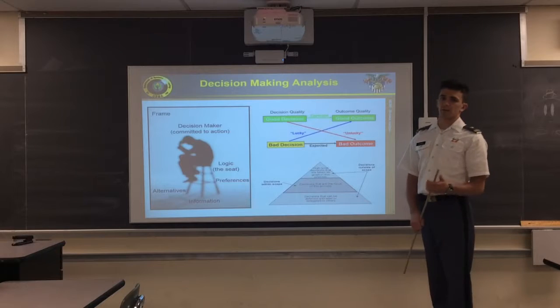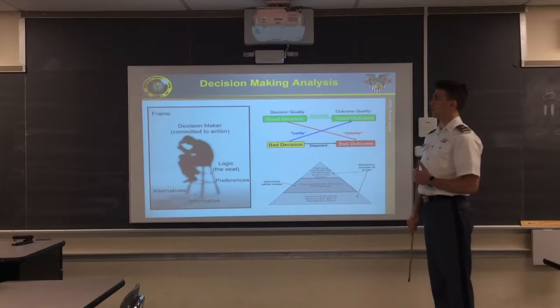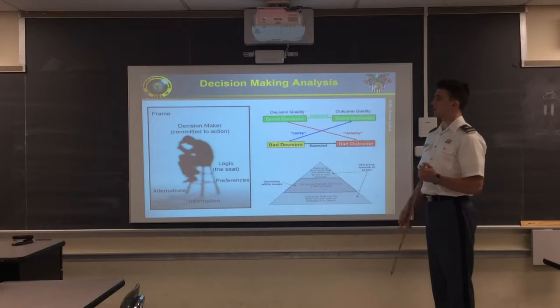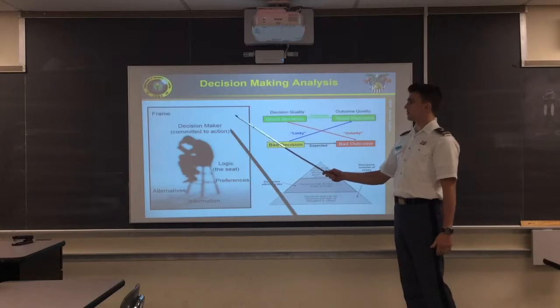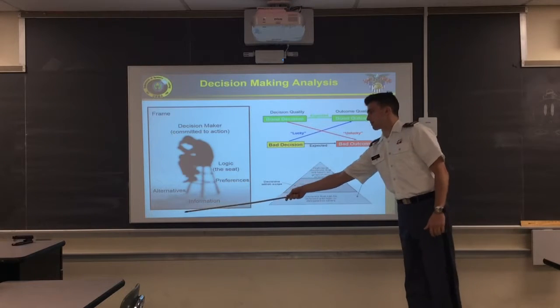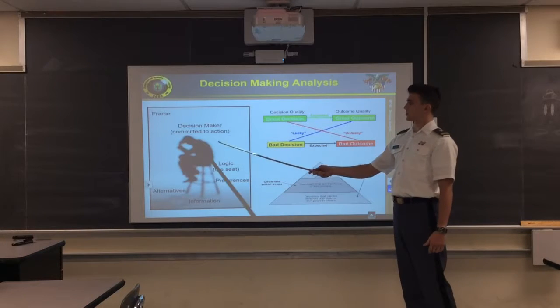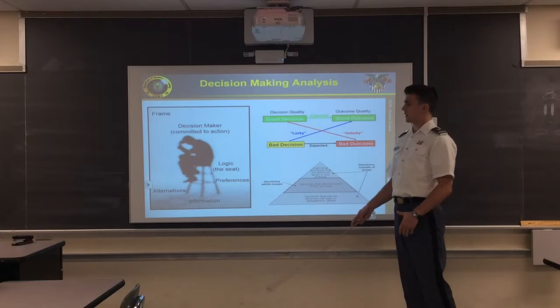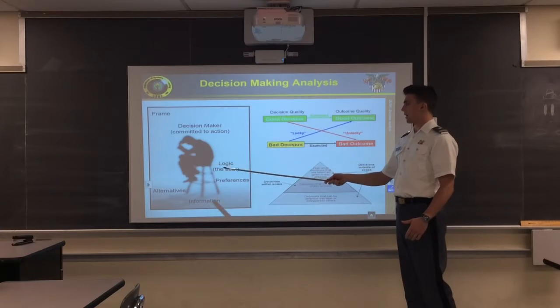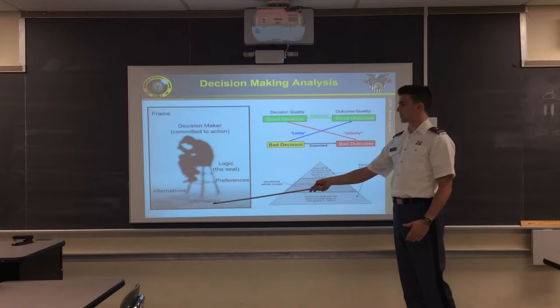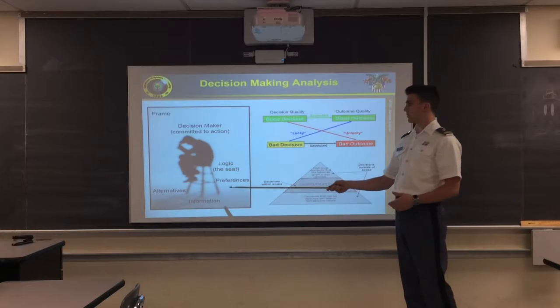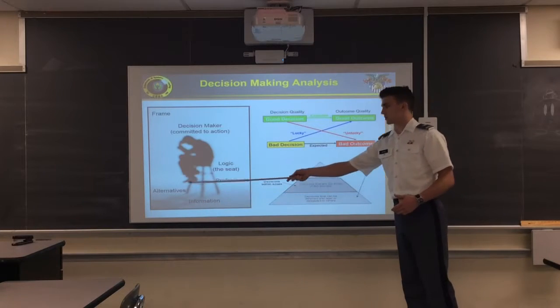So just a little background up front on what goes into our decision analysis process. This is how we define the decision. We have the frame, to make sure we have the scope of the problem good. We have the decision maker who sits on top of the stool, and the stool represents the problem itself. The seat is the logic, and each leg represents a different part of the decision: preferences, information, and alternatives.